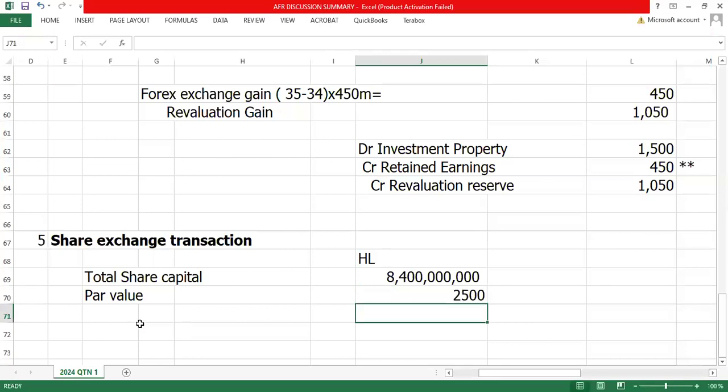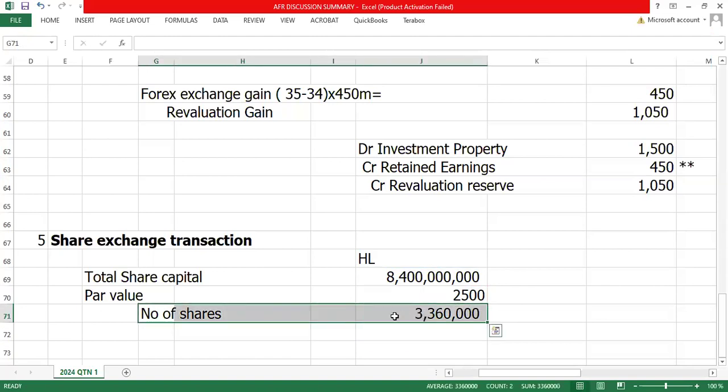So if you want the number of shares in this entity, how do you get the number of shares? Total capital divided by the par value.